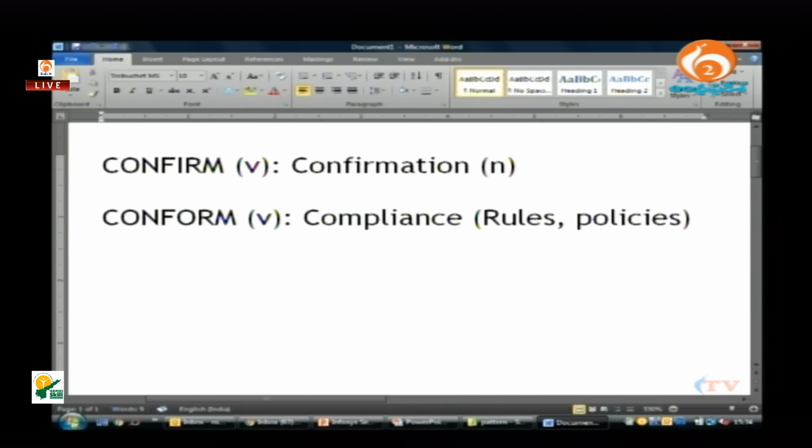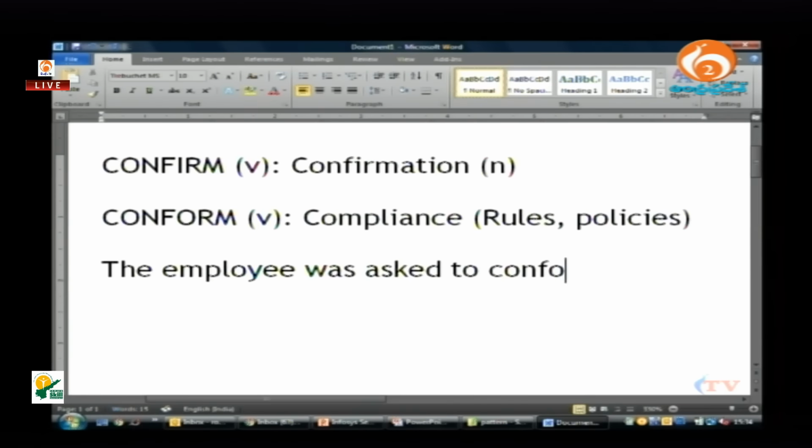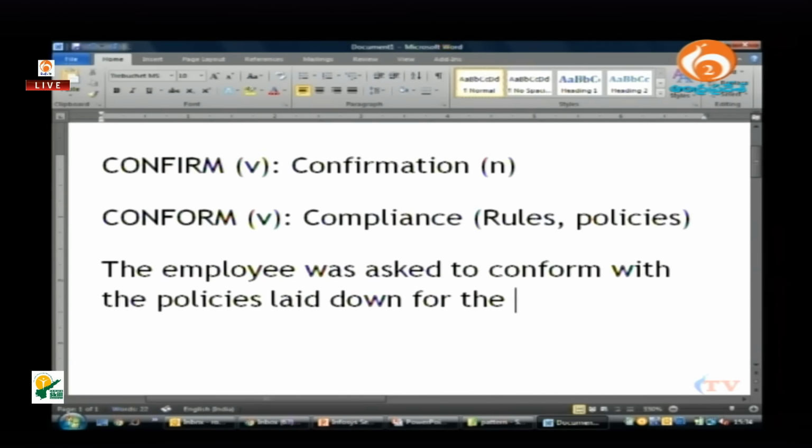For example, the employee was asked to conform with the policies laid down by the organization.